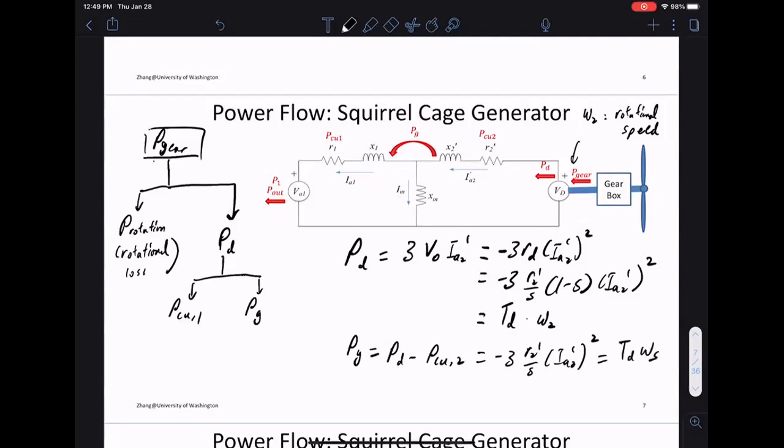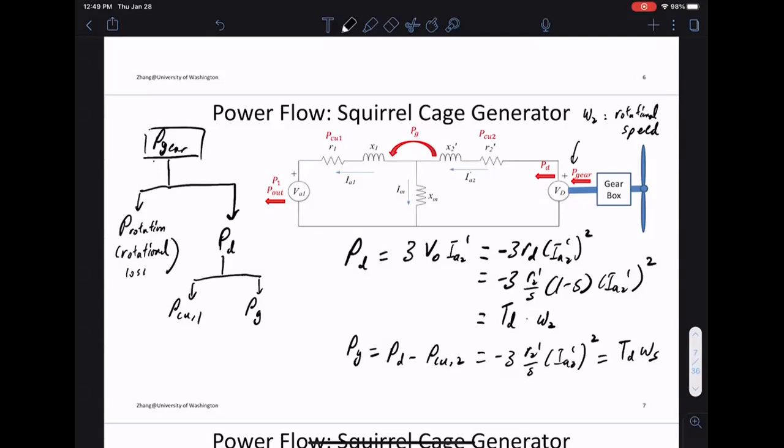And in mechanical terms, this is the developed torque times the synchronous speed. Okay, so what you can think of is the machine creates some developed torque. At the rotor side, you're spinning at the rotor speed.